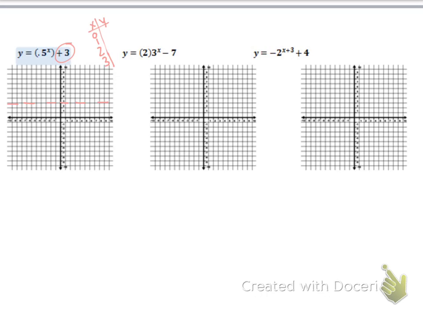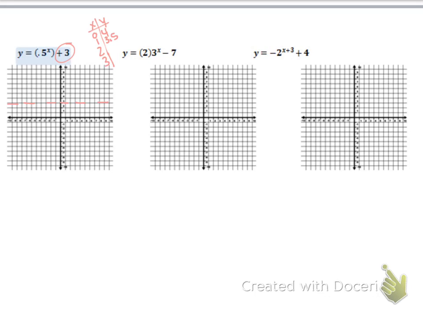These ones you're going to have to type into your calculator once I get past 0. So, because anything to the 0 power gets me 1 right there. So 1 plus 3 gets me 4. When I put 1 in there, 0.5 to the first power gets me 0.5. Plus 3 is going to be 3.5. But then my next set I'm going to have to put into my calculator. So you can use the caret button if you want. So I'm going to type in 0.5 to the second plus 3.